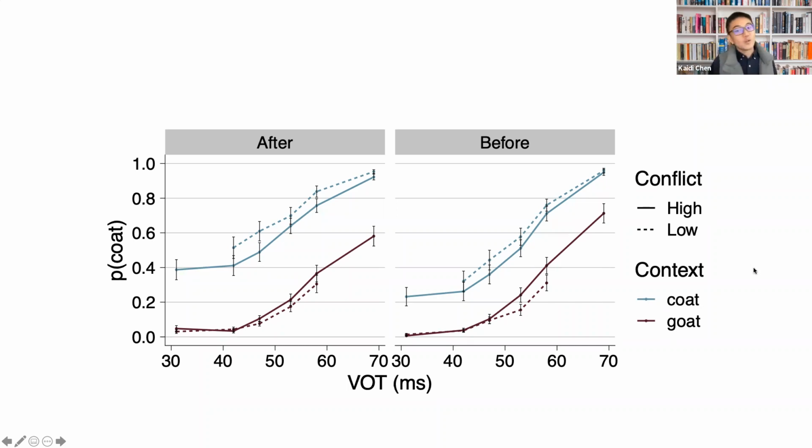We did replicate the conflict effect, as Bouchon and Jaeger found, and that is the lexical context effect is larger in the low conflict situation compared to the high conflict situation, manifested on this graph. As you can see here, you will notice the distance between the dashed lines is farther than that between the solid lines. It also holds across both after and before conditions.